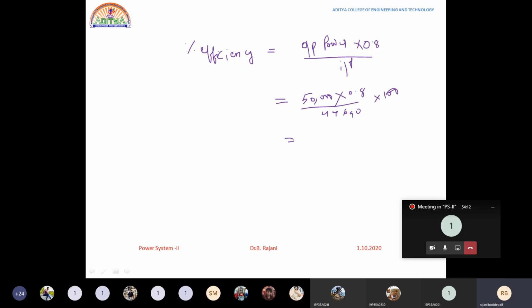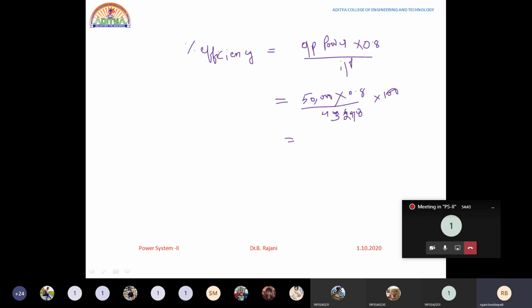If you do this, how much will you be getting? 43278. It is around 90 something you will be getting. Please try it. Tell me how much you have got.